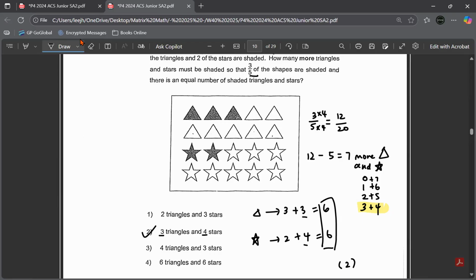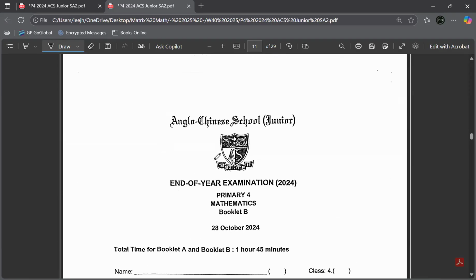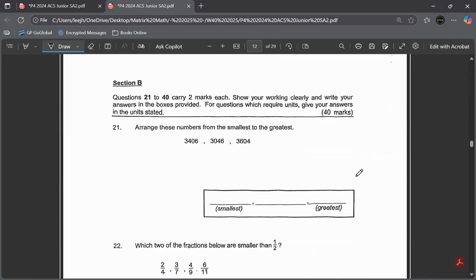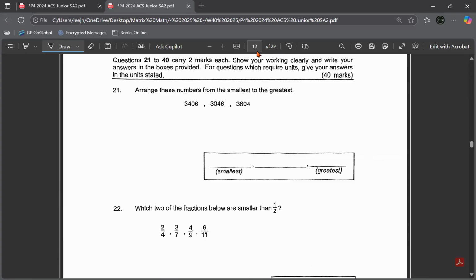Okay, next one. We are going to section B. Section B is very long, a lot of questions. Okay, question 21. I change color. Arrange these numbers from the smallest to the greatest. So this one we have no reason to get wrong, unless you're careless.